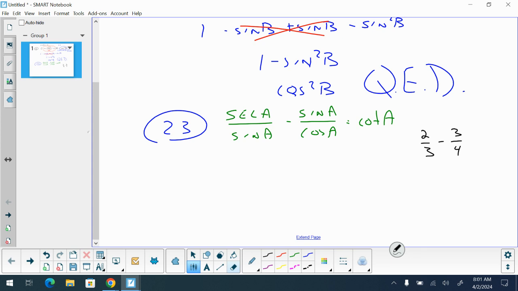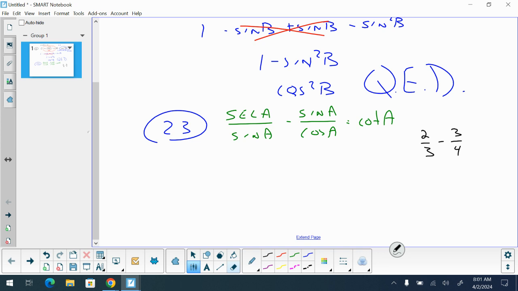And I asked you to subtract those two fractions. That has absolutely nothing to do with trig class, and I can't revert to my calculator. I want you to mathematically use your 5th and 6th grade skills of mathematics. Yeah, I'm tapping into 5th and 6th grade here. And I want you to subtract 2/3 minus 3/4.